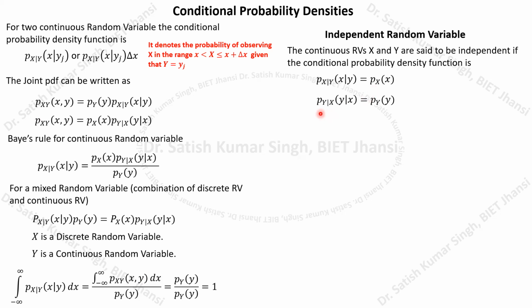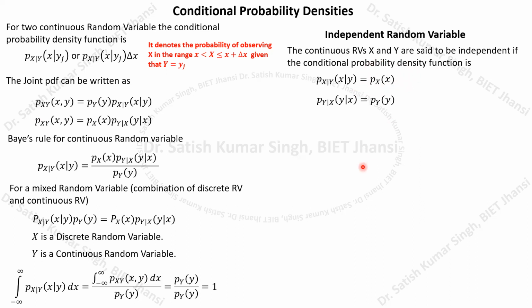Similarly, if you want to calculate the probability density of y given x, then again it is going to be the independent probability density function corresponding to y, because it is not depending on x. Similarly, if it is not depending on y, it will be an individual probability density function, right?